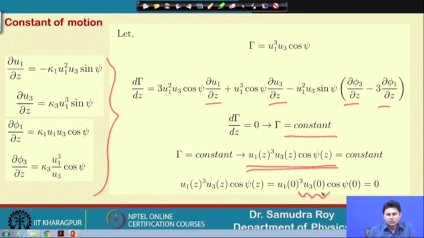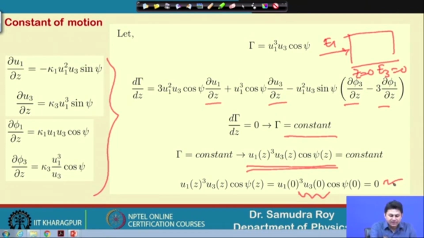Now, u3 at 0 is nothing but 0, because u3 is the amplitude of the third harmonic, and we already mentioned that when we launch an electric field E1, at z equal to 0 there was no E3. So, E3 is also 0. So, at z equal to 0, U3 is 0. So, the entire quantity here is 0.